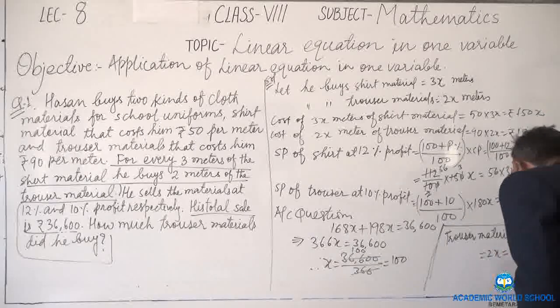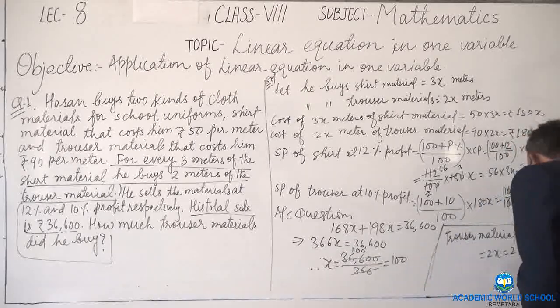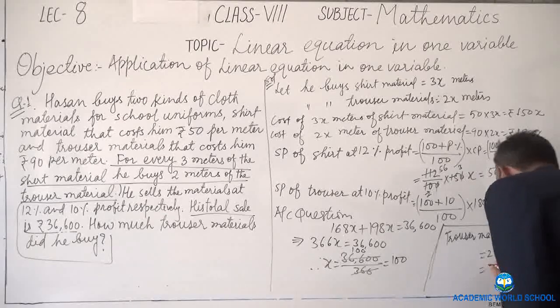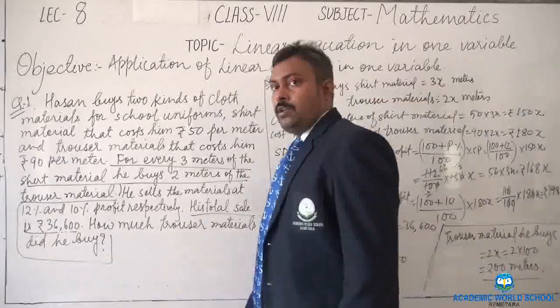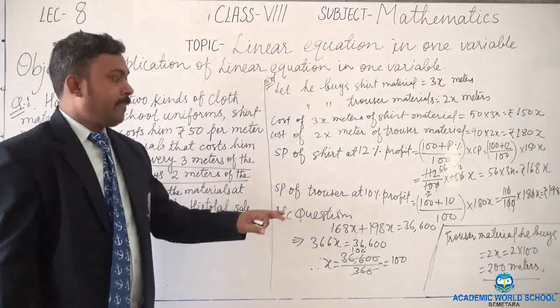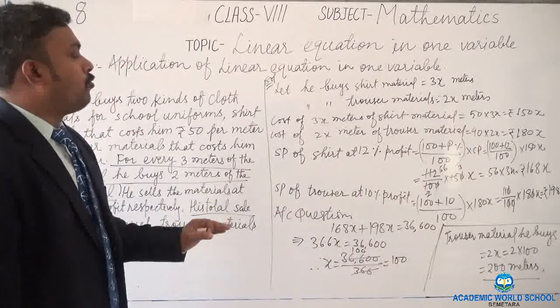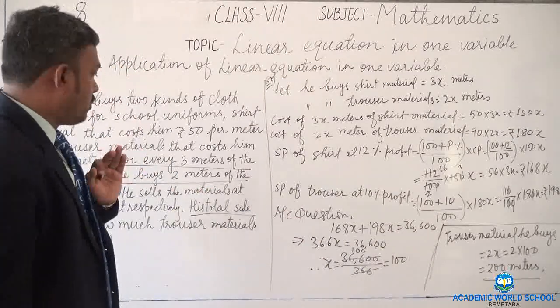So 2x, x is how much? 100. So 2 into 100, which will be 200 meters. Okay. So he bought how much trouser material? 200 meters of trouser material he bought.